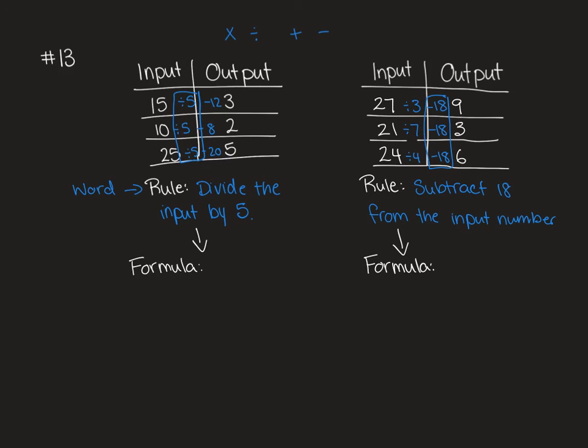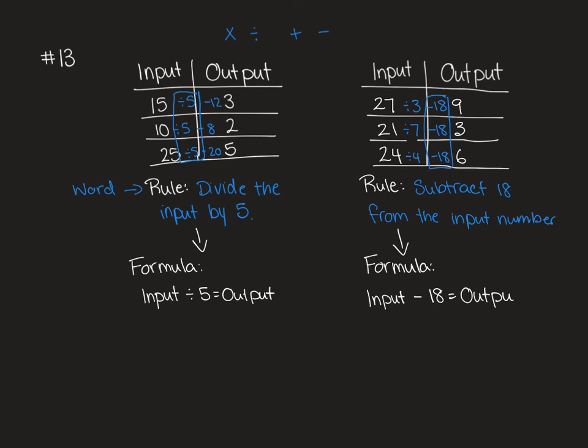So divide the input number by 5. Well, our formula would be input divided by 5 equals output. And if they're asking us to subtract 18 from the input, then we'll have our input minus 18 equals our output.